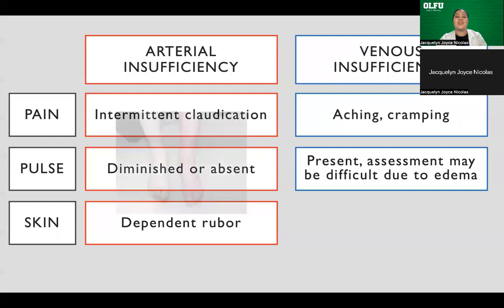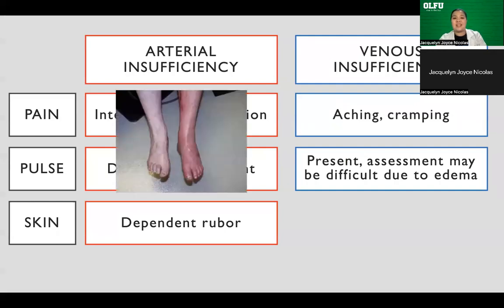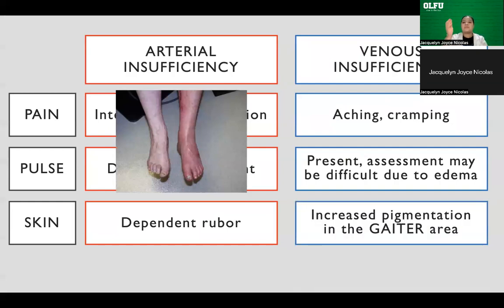So usually yun. This is how it looks like. So kaya you can see this problem, yung dependent rubor, kadalasan nakatayo yung pasyente, yung paa niya sobrang mapula or red. Okay? Or naka-sideline siya, then that area, iba yung color dun sa upper part ng katawan. Okay? Kasi mabilis mag-pump yung heart doon.